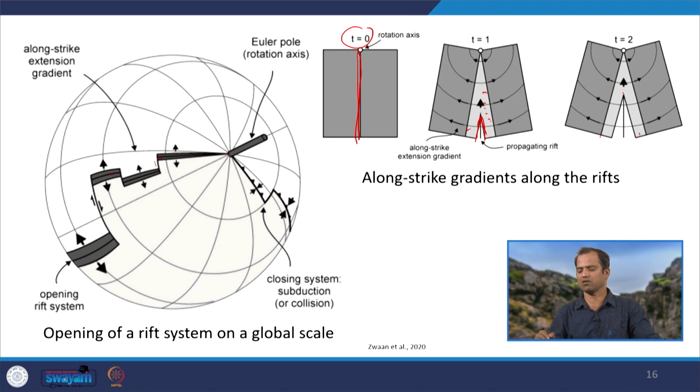So, now you see how this system is going on along axis, along strike gradients along the rift. Here the gradient is more, here it is less, and here it is less. So, this arrow indicates the gradients, that is more at the Euler's equator and less at the Euler's pole.